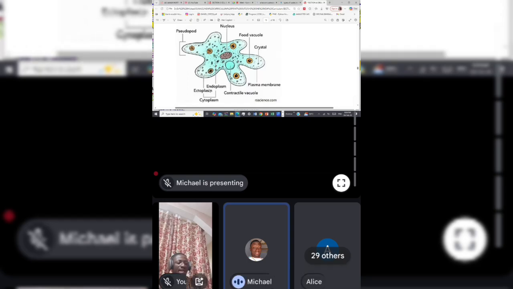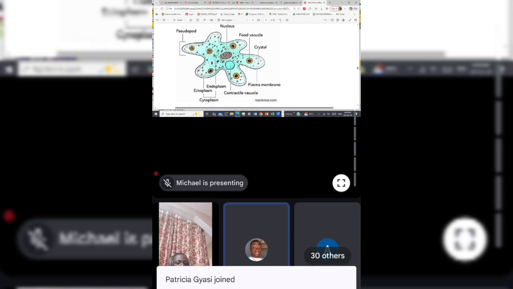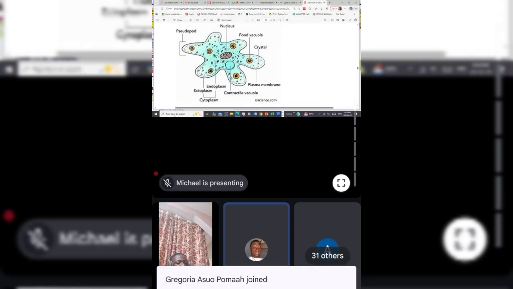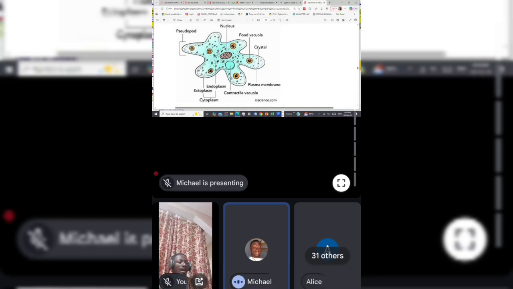Now we have the ectoplasm, as we explained, which is thin, clear and jelly-like, and the inner part is dark and fluid-filled, and that is called the endoplasm. All these are food vacuoles, as you see here, the orange with black structures inside. These are crystals found in the body of the amoeba.